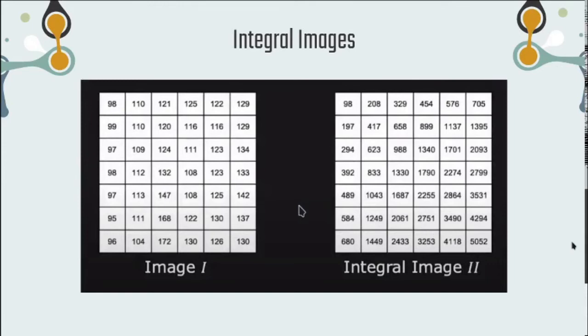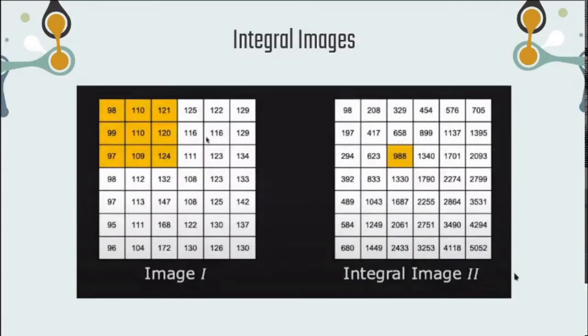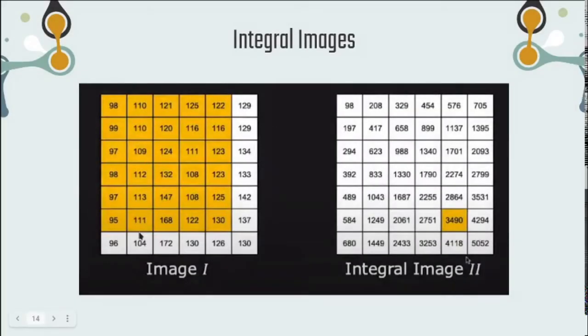For example, let us take an image I and compute its integral image. As discussed above, the integral image is the summation of all the pixels in the region, represented at that particular point. Summing up all these values will give us 988, and summing up all these region values will give us 3490.